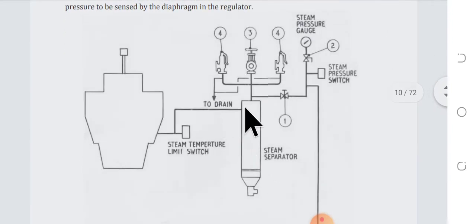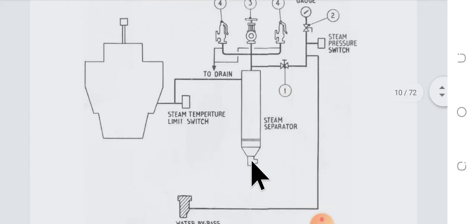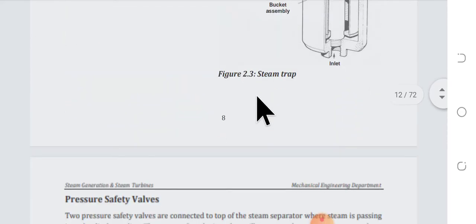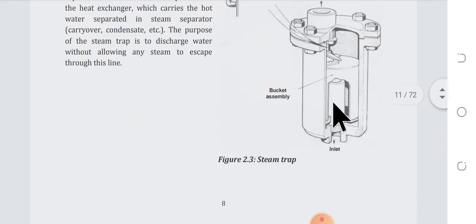If the valve is continuously open or continuously closed, the condensate collects in the steam separator, and ultimately it can again go with the steam. So to drain out the condensate in the steam separator, we need a steam trap that automatically drains the condensate of the steam.